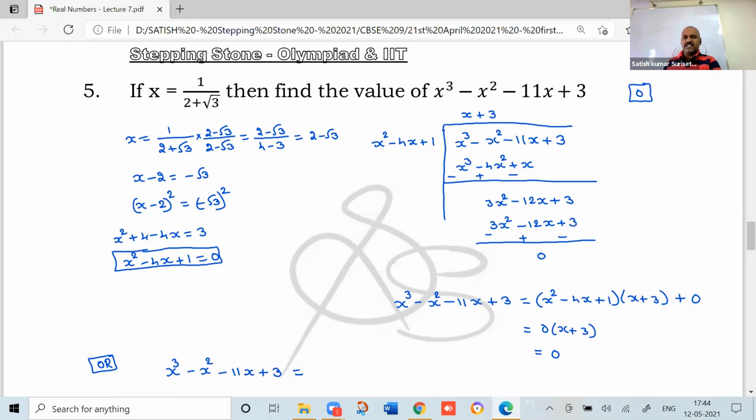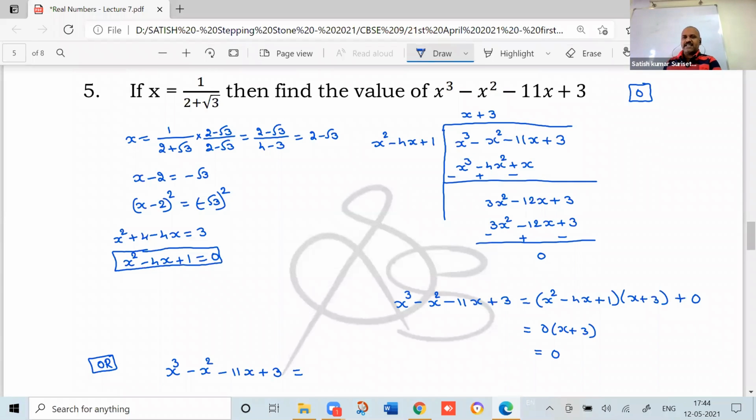Instead of using the division method, you take directly this expression and express in terms of x square minus 4x plus 1. Now, here x square is there, here x cube is there. So I'm taking x into, I'm writing entirely, x square minus 4x plus 1. Now you observe the terms and adjust.